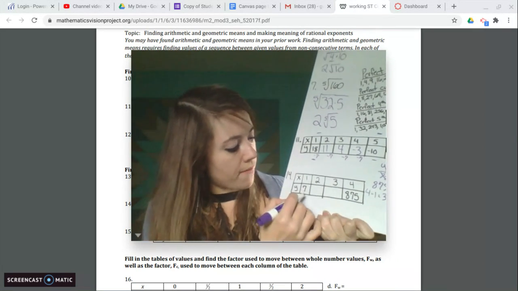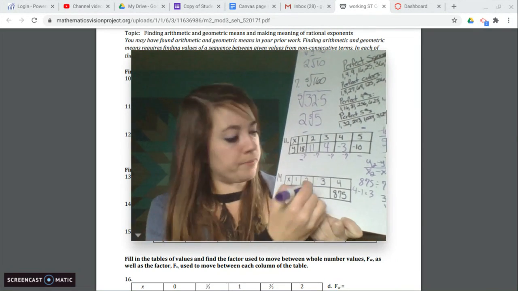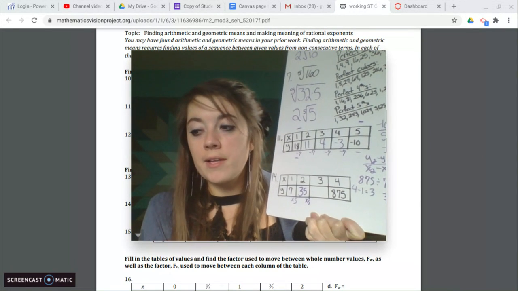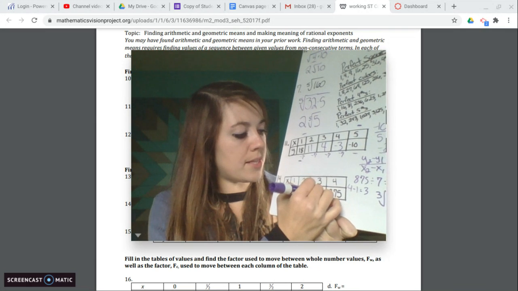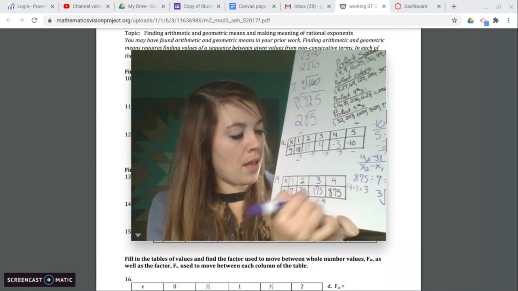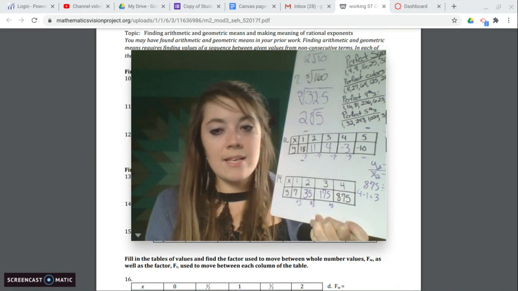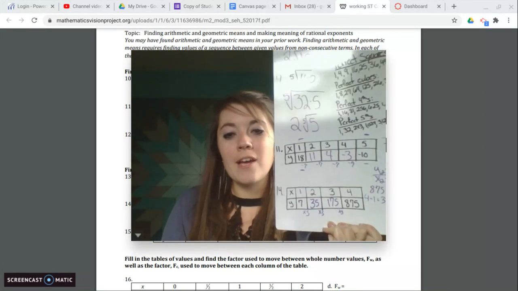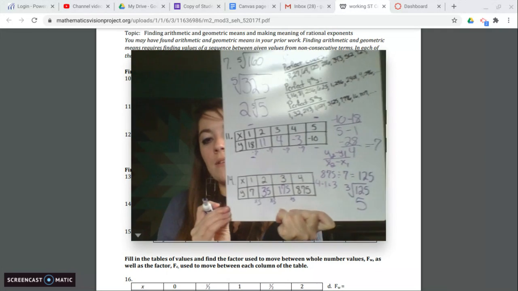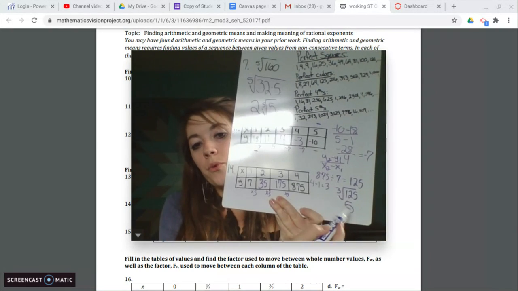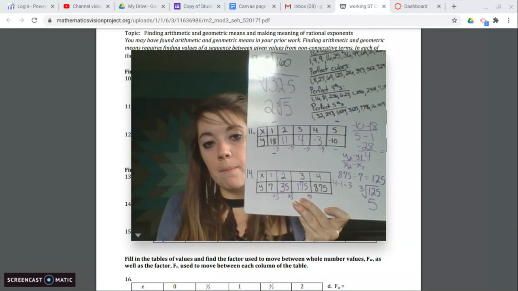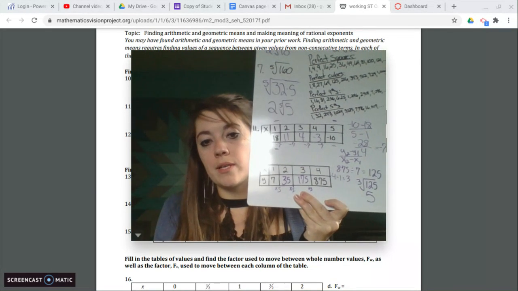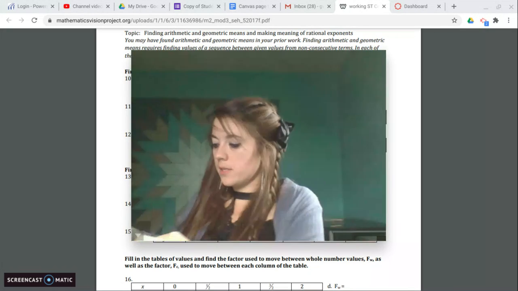So 7 times 5 is 35. 35 times 5 is 175. And 175 times 5 is 875. So there's our geometric mean. So it's about taking the root. So you're going to take the root of the number to find out what your geometric mean is, or your ratio, okay?